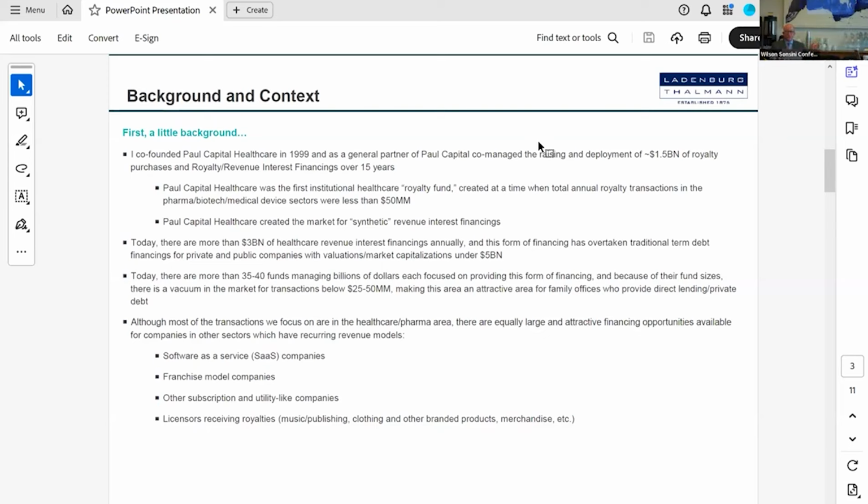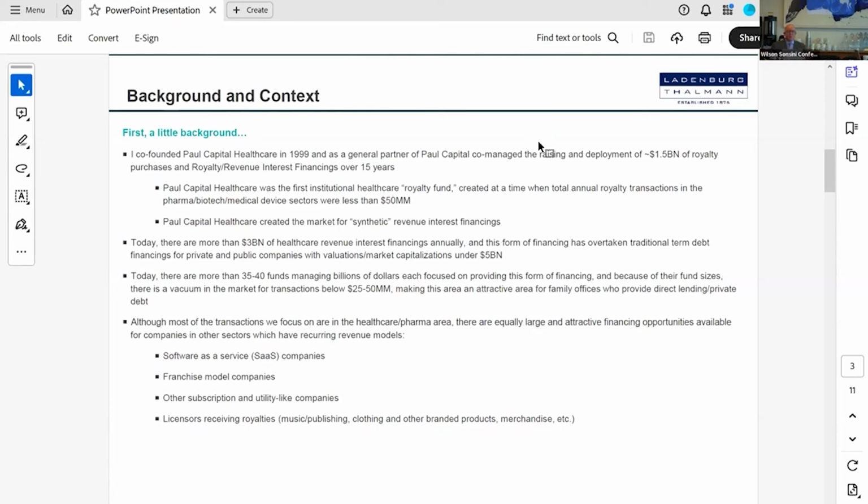Those royalties received by the franchisor can be used effectively to finance, and I'm not going to go into it today, but as a follow-up, I can explain many really cool applications of this form of financing by franchisors to do other things, to fund significant expansions and growth and acquisitions, et cetera.